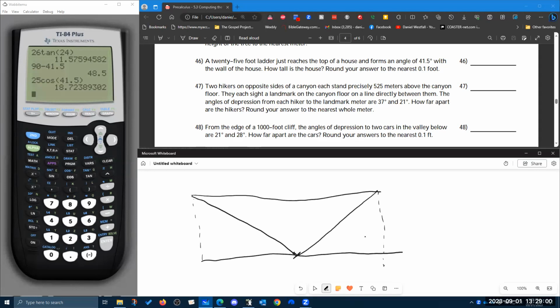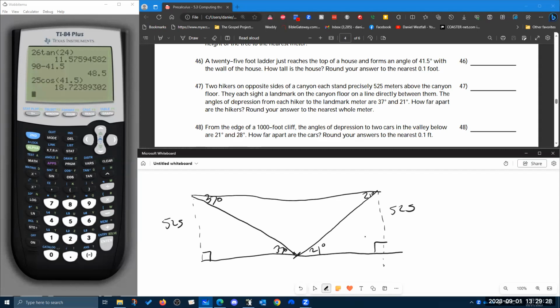Both of them are 525 meters above. So when this person looks down, they are looking down 37 degrees, which is also there, and 21 degrees, which is there.